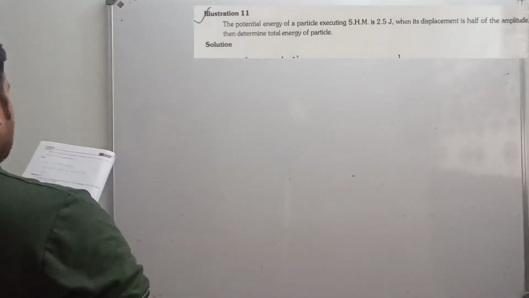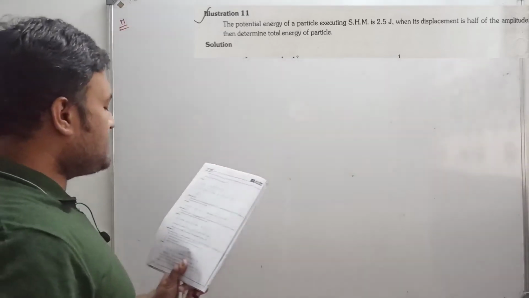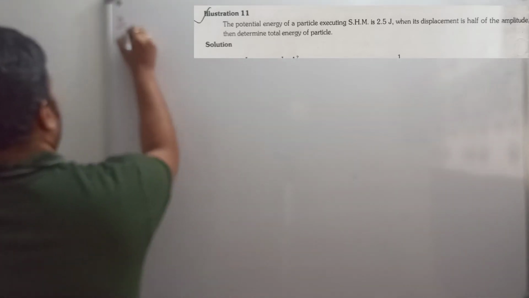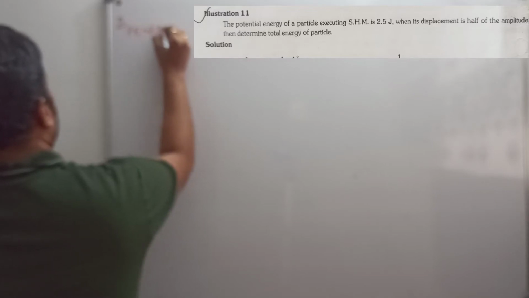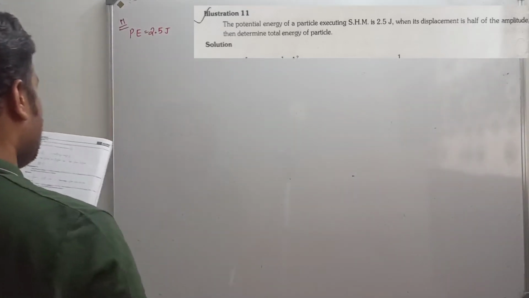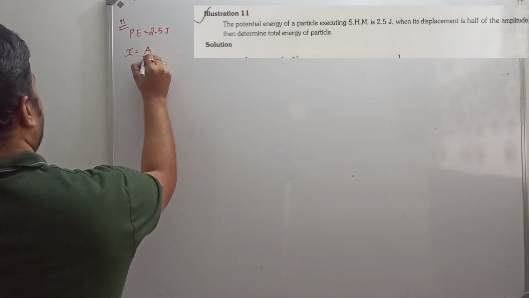Illustration 11. Okay, what is the statement? The potential energy of a particle executing simple harmonic motion is 2.5 joule when its displacement is half of the amplitude, x is a by 2.